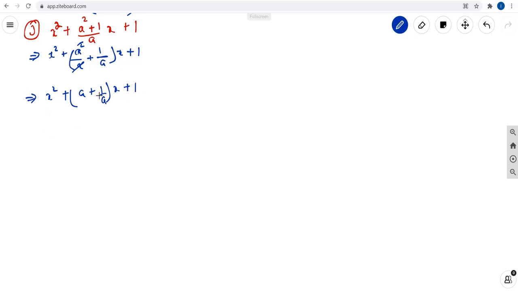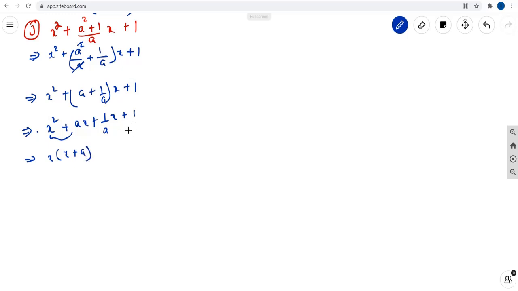So I'll multiply this term. This becomes x square plus ax plus 1 by a x plus 1. Can I take anything common here? This term I can take common, so this becomes x times (x plus a). Can I take anything common in the rest?